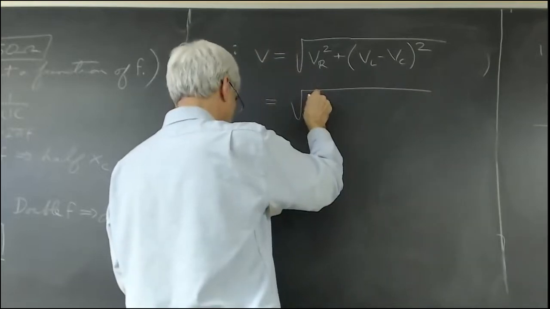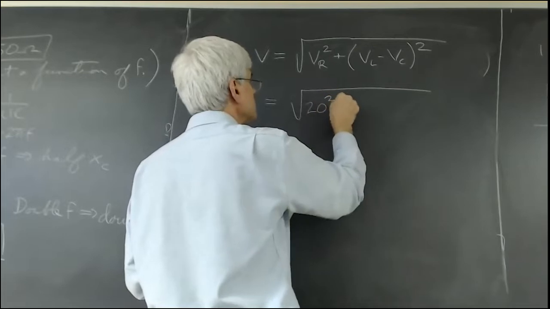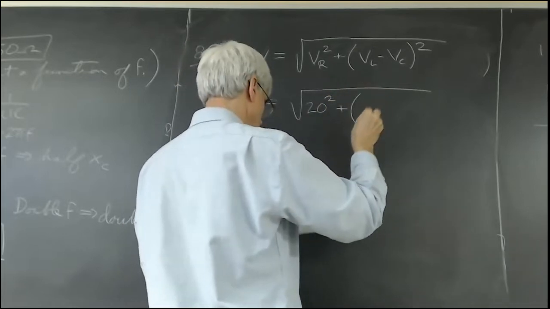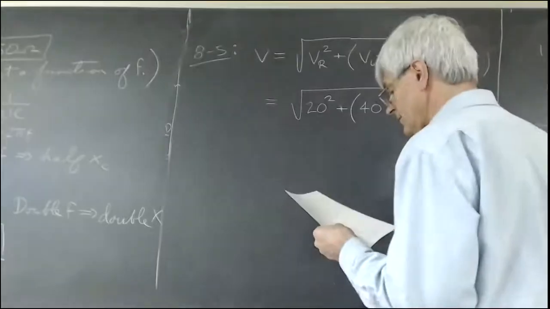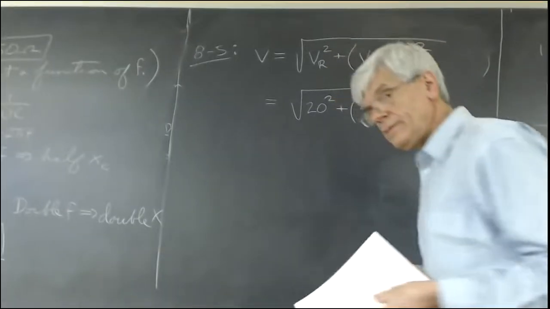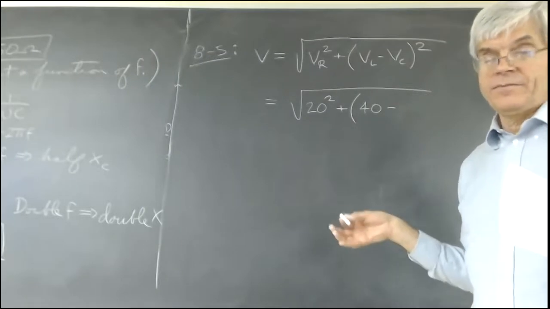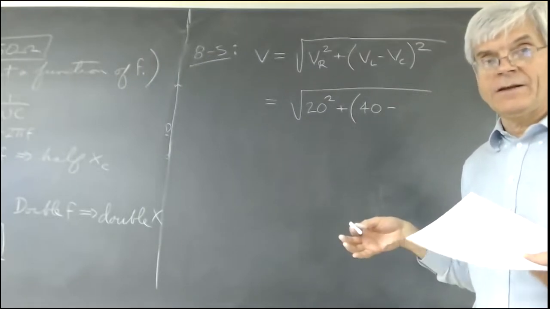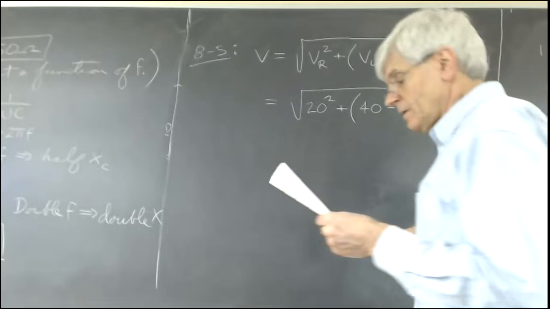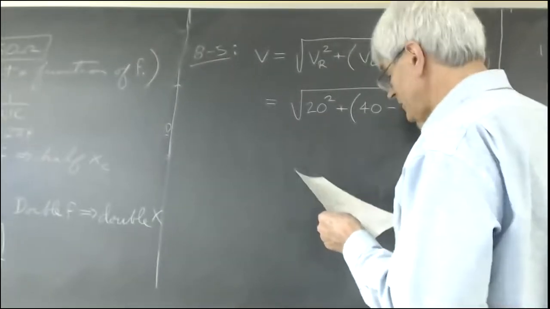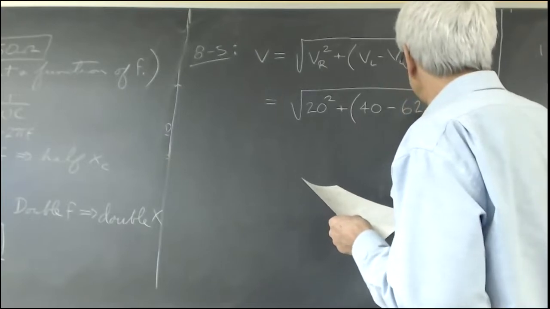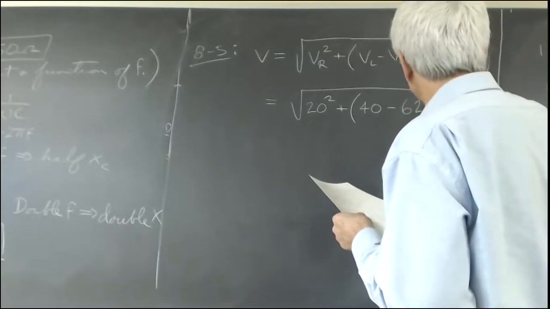It says there's 20 across the resistor, 40 across the inductor, and just for the heck of it, I felt like making the answer come out an even number. The capacitor is not an even number, so that the answer would come out even. 62.36.